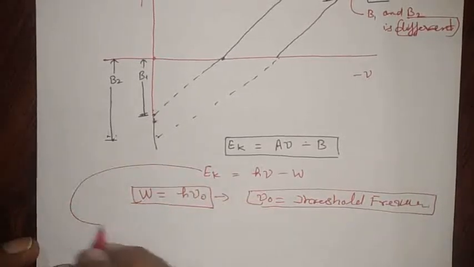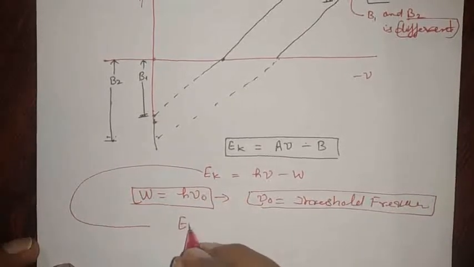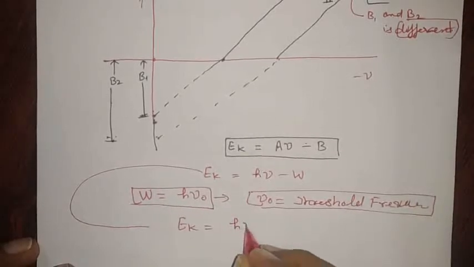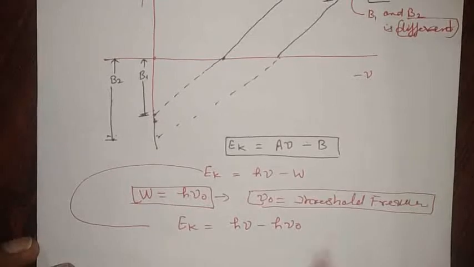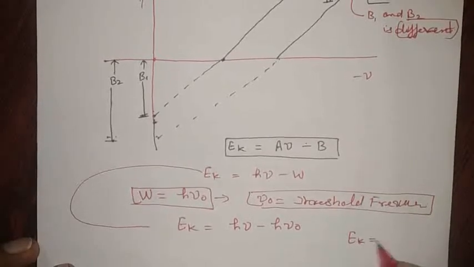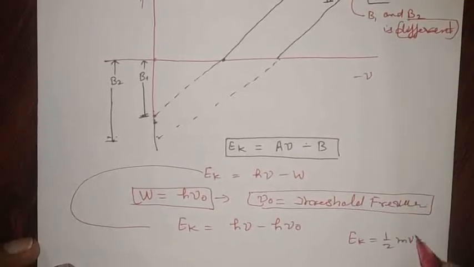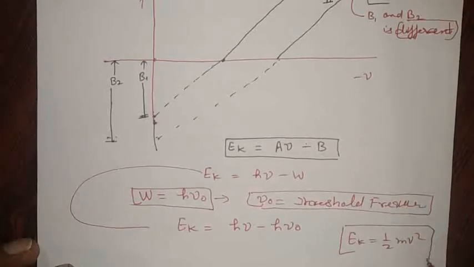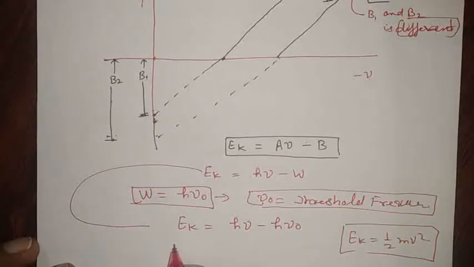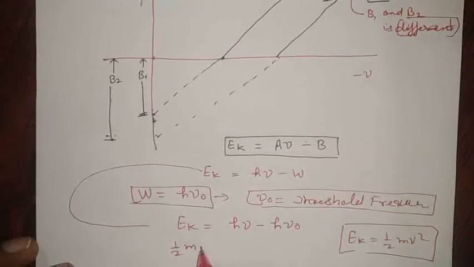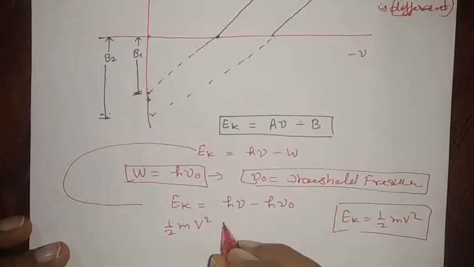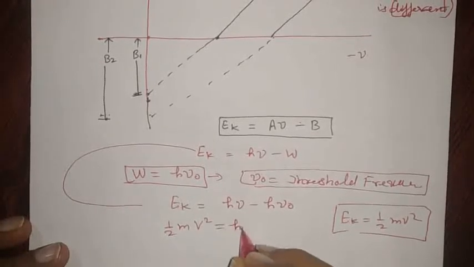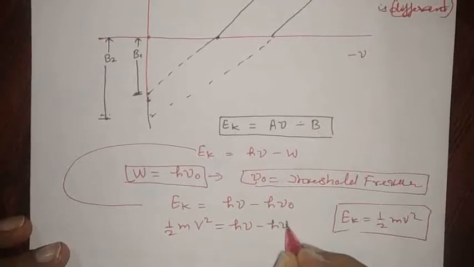Then in that condition, Ek can be written as h nu minus h nu naught. Since kinetic energy is half mv squared, it is half m, where m is the mass of the electron and v is the maximum velocity of the electron, equal to h nu minus h nu naught.